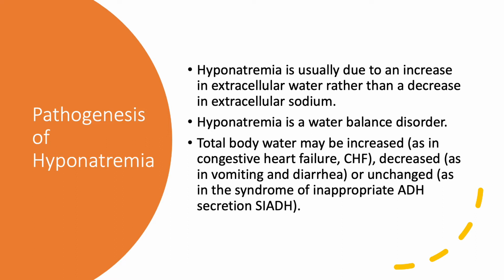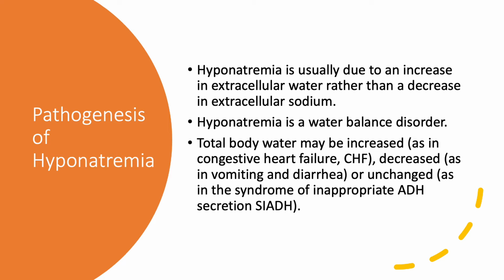Now, someone with vomiting or diarrhea has decreased total body water and decreased sodium, but the decrease in sodium is more. So again, imbalance. So both went down, but the sodium went down more than the water. So in vomiting and diarrhea, we got what? Hyponatremia.